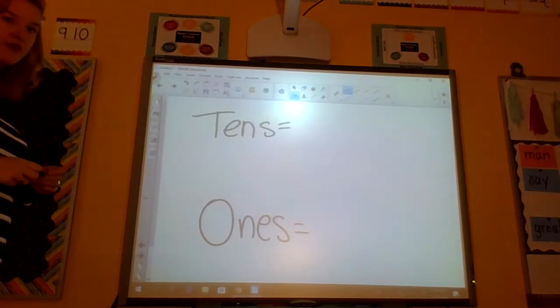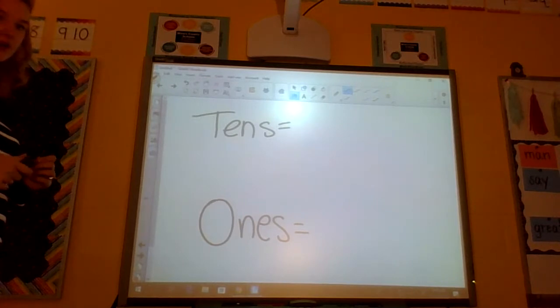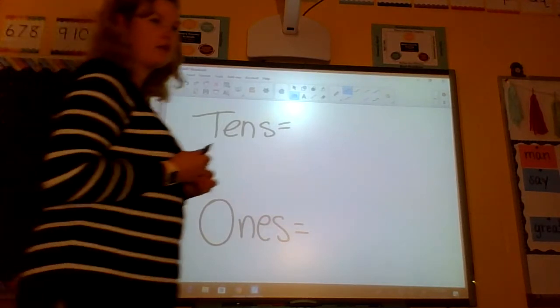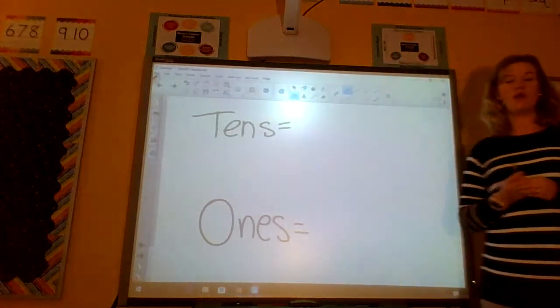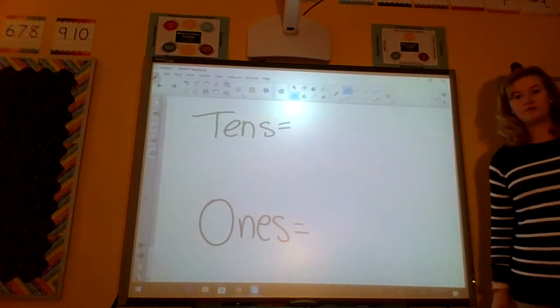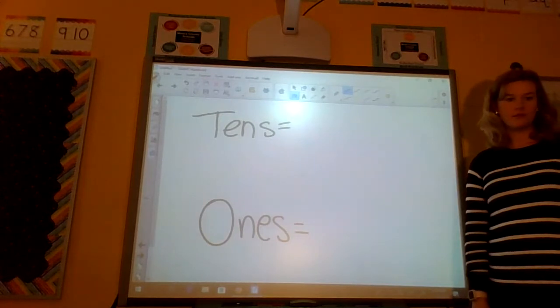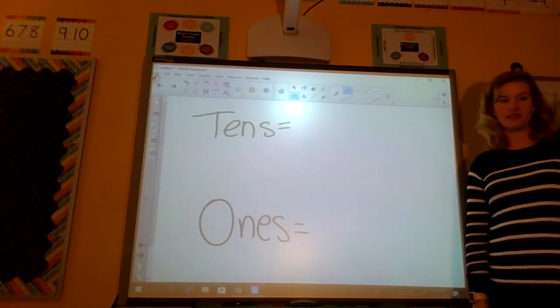Draw it in the air with your finger, or draw it on your board and show me. What's a tens and ones look like? I'm seeing some good ideas.